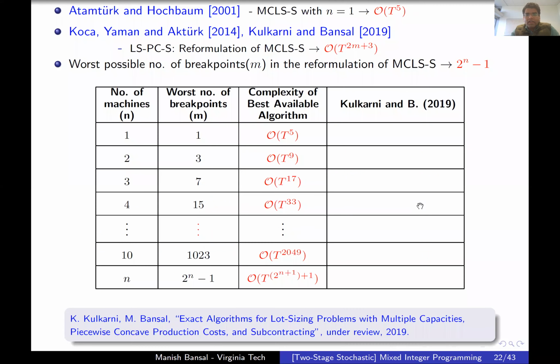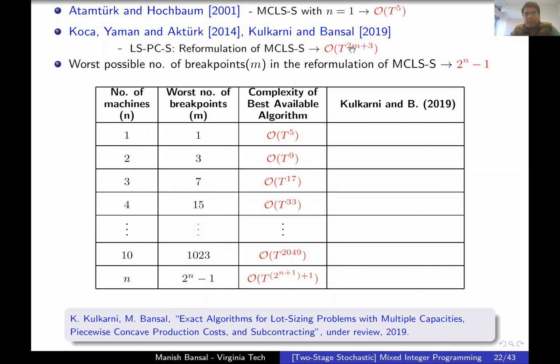As a result, although Atamtürk and Hochbaum solved the problem MCLS with n equal to 1 in O(T^5) time, you can solve this reformulation in O(T^(2m+3)) time, where m is the number of breakpoints.